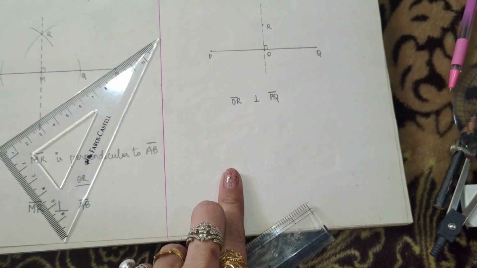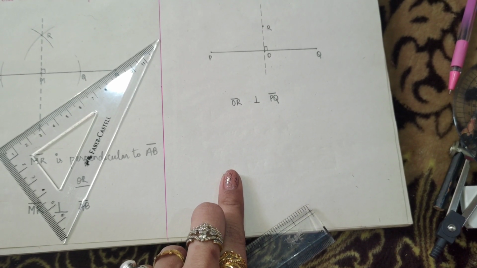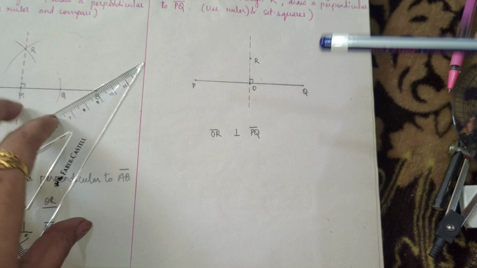Then you can write OR is perpendicular to PQ, using the symbol for perpendicular. I'll tell you again what we did.